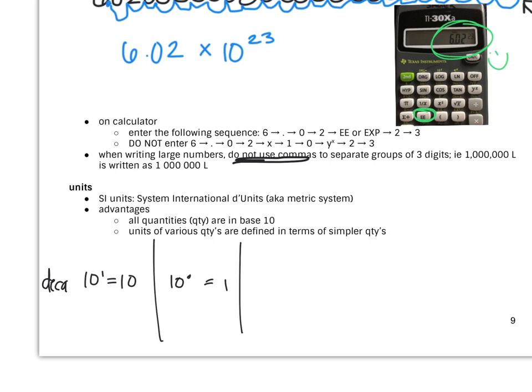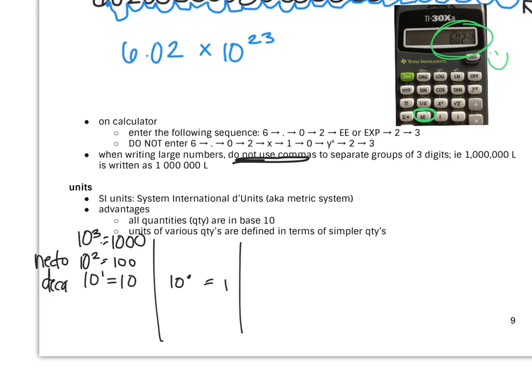Okay. And then if our number is getting bigger, then we'll obviously have 10 to the second power. And we know that 10 to the second power is 100. And this prefix is hecto. Okay, and then 10 to the third power is now 1,000.